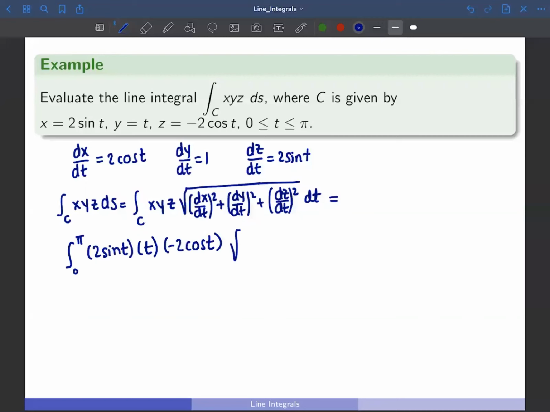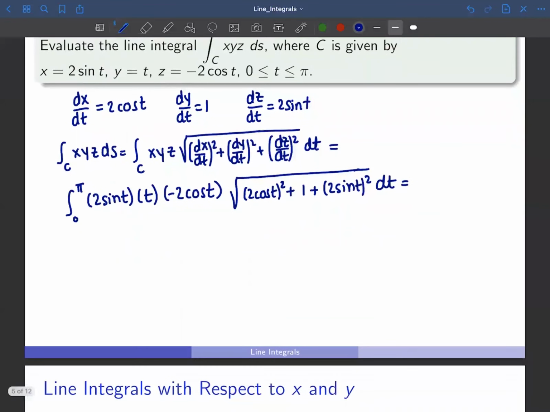And then we have the square root of (dx over dt) squared, which is (2 cosine t) squared, plus (dy over dt) squared, which is 1 squared, so 1, plus (dz over dt) squared, which is (2 sine t) squared, times dt. We can pull out a negative 4 from 2 times negative 2.